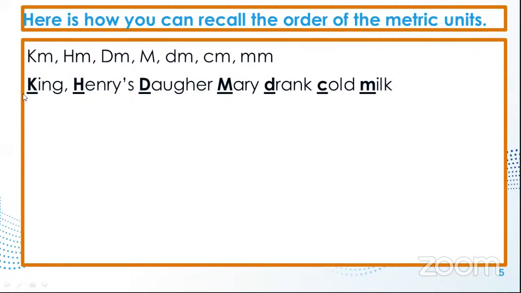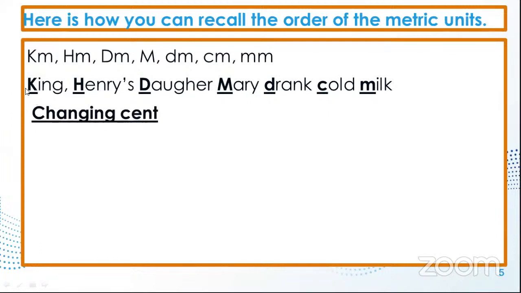So here, King stands for kilometers. Are you getting that? Members? Someone is there with a lot of noise. Yes, sir. Henry's. Now, this is how you can recall, and I'm now trying to tell you how you can use it. I say King Henry, daughter Mary, drank cold milk. So King stands for kilometers.